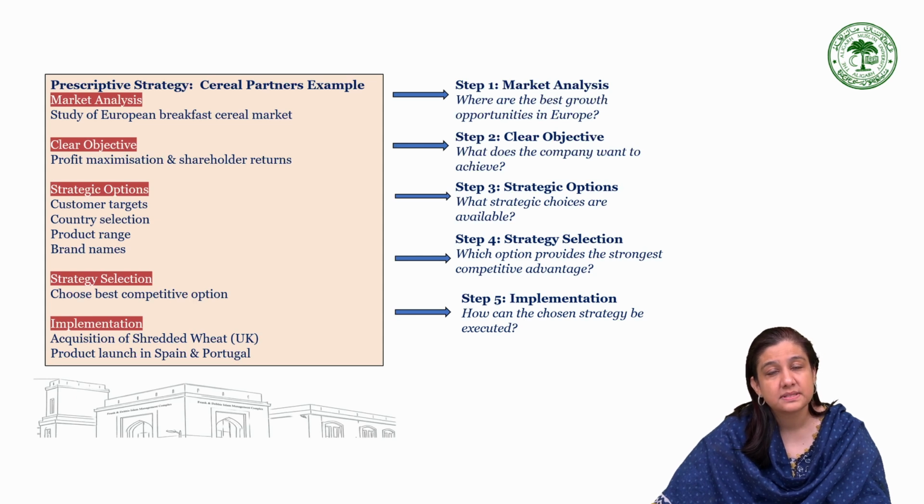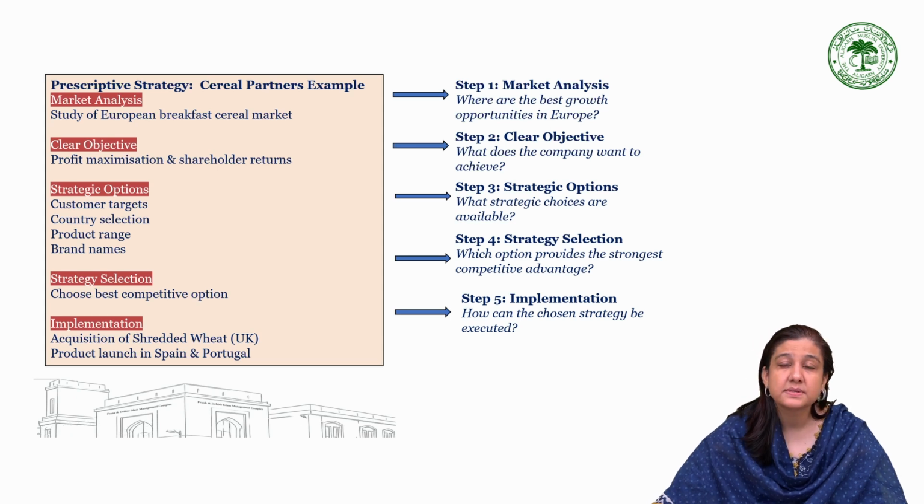This stage represents the core decision-making component of strategic management. Choosing the wrong strategy can waste resources and reduce competitiveness. Therefore, careful evaluation is essential. In the Cereal Partners example, the company acquired Shredded Wheat in the United Kingdom. New products were introduced in Spain and Portugal.